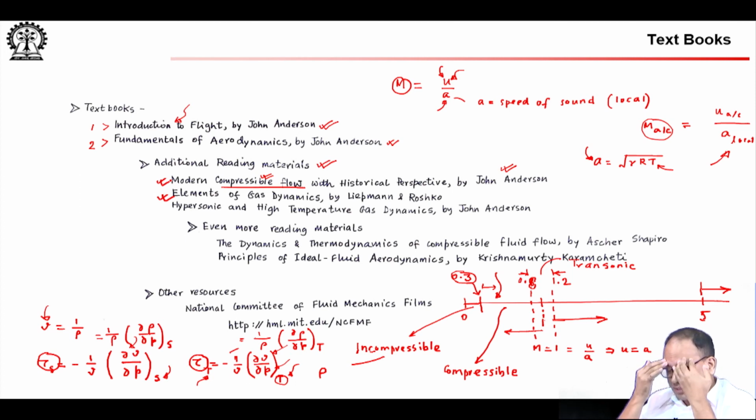Governing equations essentially mean we will see that we have the continuity equation, momentum equation, and energy equation. In an inviscid flow field, we have not talked about what is inviscid versus viscid, but at this point let us suffice by saying that in an inviscid flow field the effects of viscosity are not present.